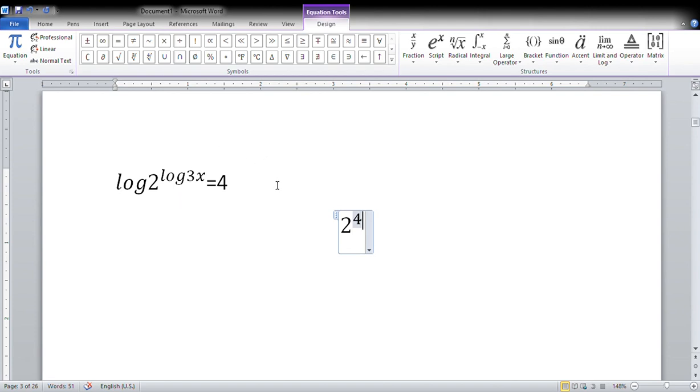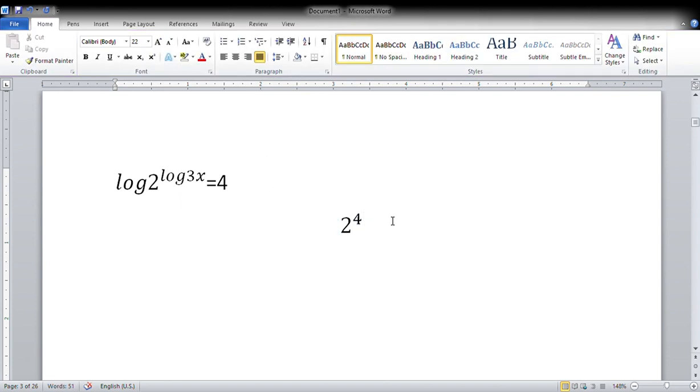and the log 3x will come to the right side, is equal to 3x. That means 2 to the power 4 equals 16 is equal to 3x, right?